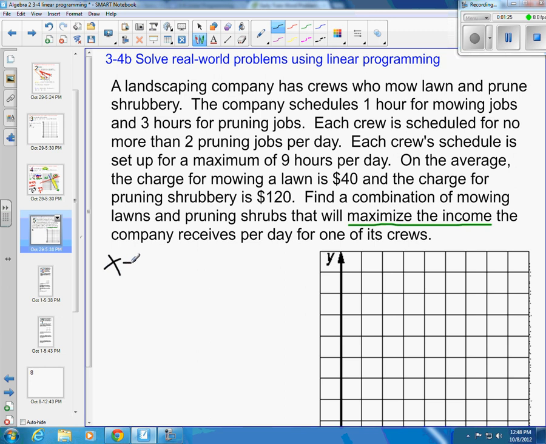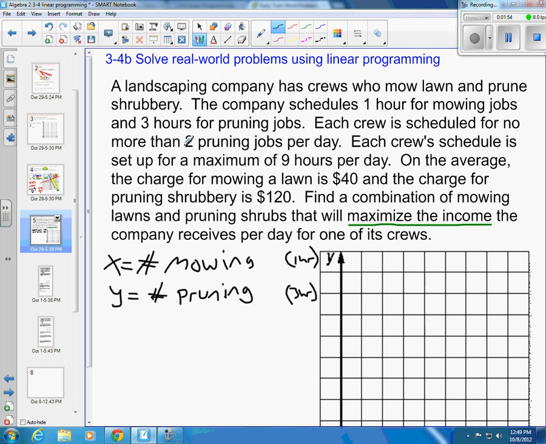So x could be the number of mowing, and y could be the number of pruning. Okay, and we know it takes 1 hour for a mowing job and 3 hours for a pruning job. So I'll put 1 hour here for mowing and 3 hours, just to make some notation so I can find this all later.